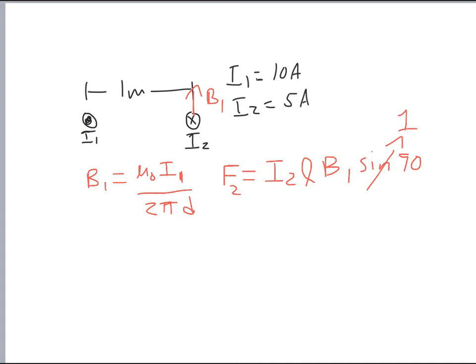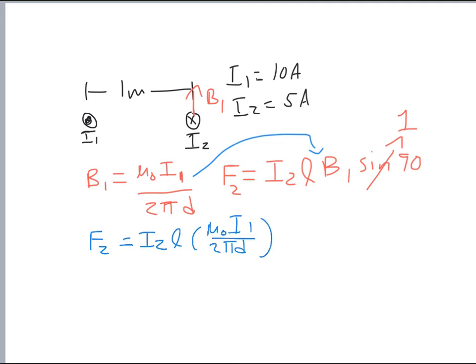And now to simplify this, we can take this value of B1 and plug it in. So for the value of F2, that's going to be equal to I2 times L times B1, which we're going to plug in as mu naught I1 over 2 pi d.